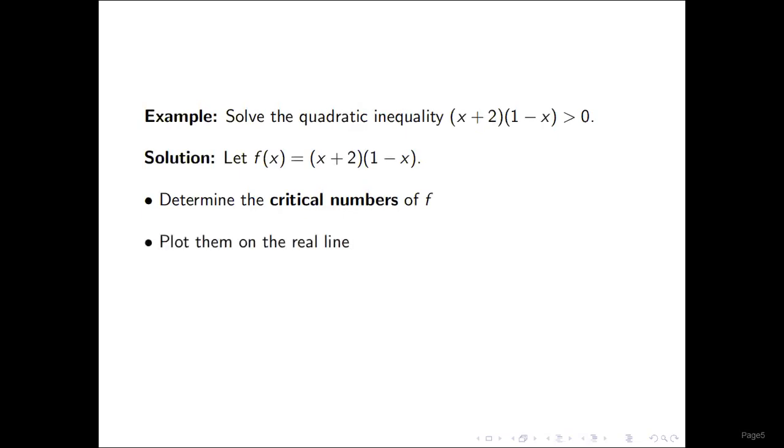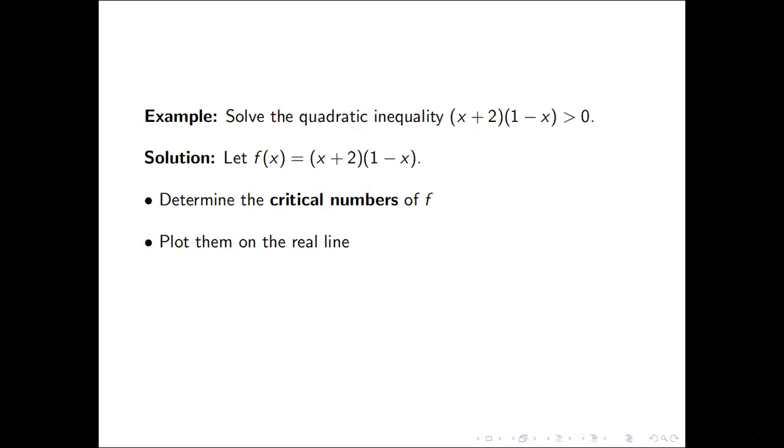Once you have found the critical numbers, you plot them on the real line. For this one, there are 2 critical numbers. You equate the 2 factors to 0, and you get -2 and 1 as critical numbers.